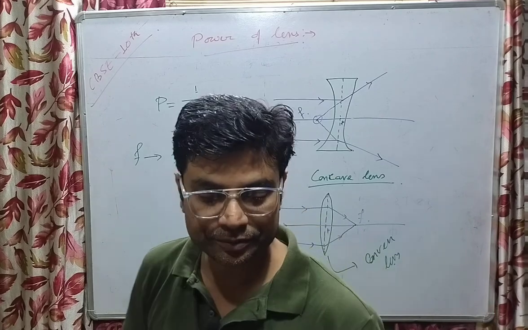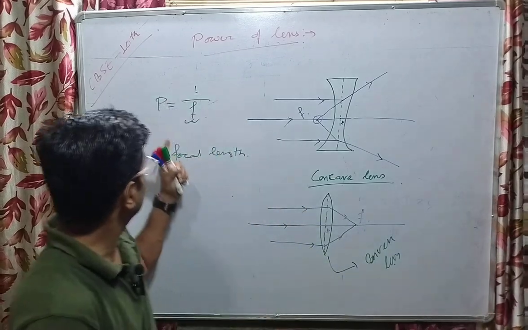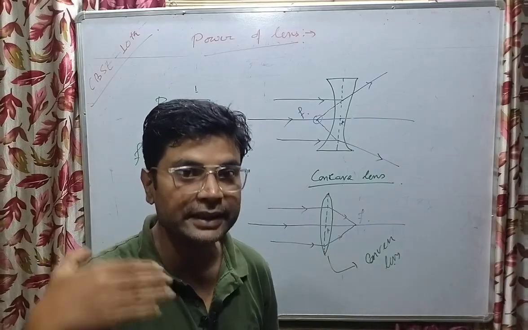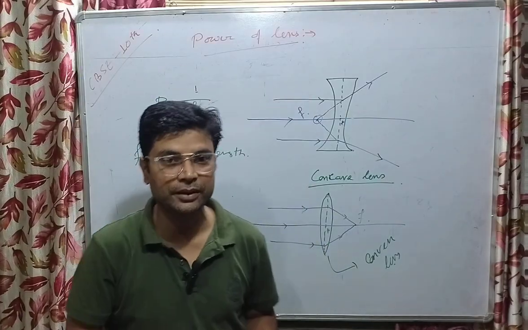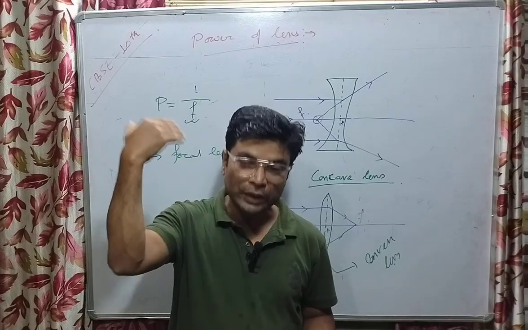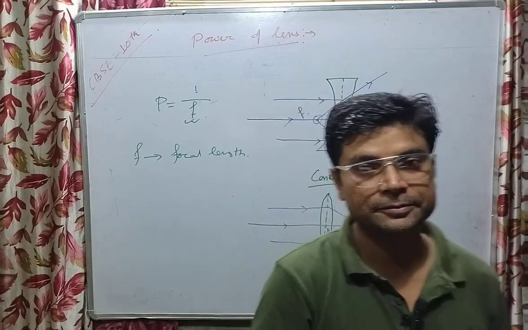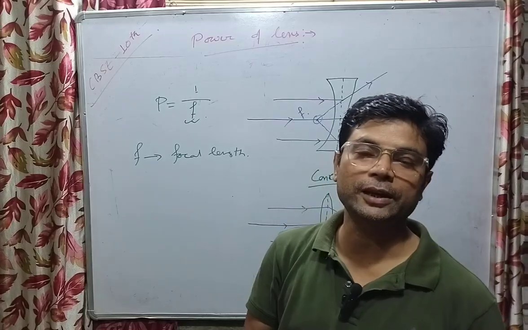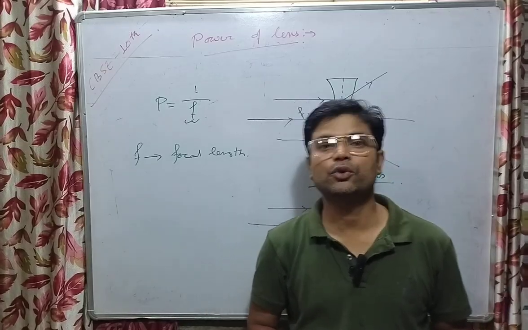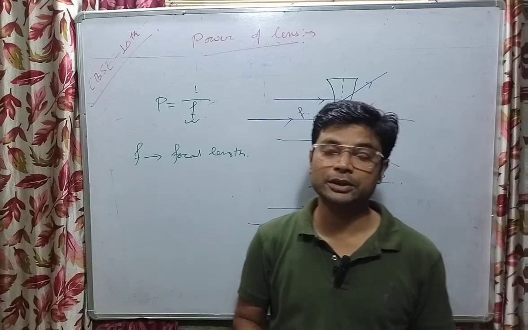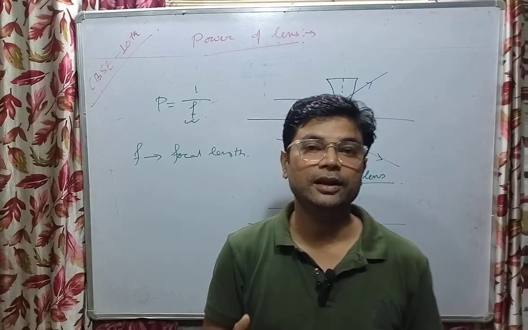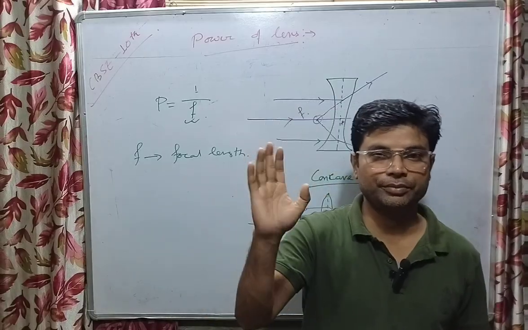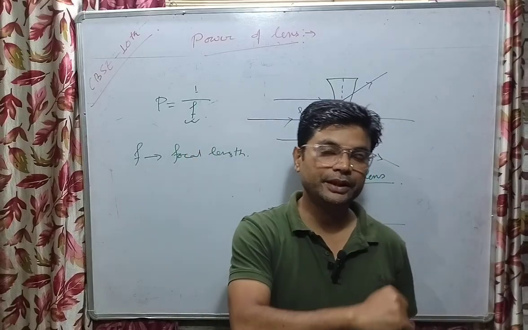We can say P is equal to 1 by f. That is, if focal length increases, power of that lens will decrease. Power of lens is inversely proportional to the focal length of that lens.